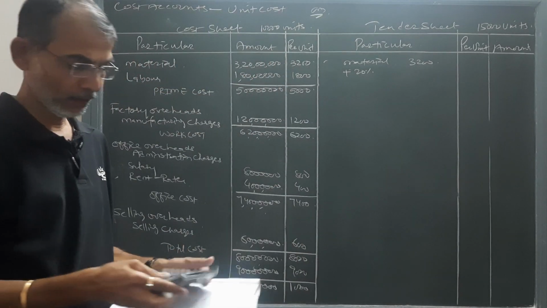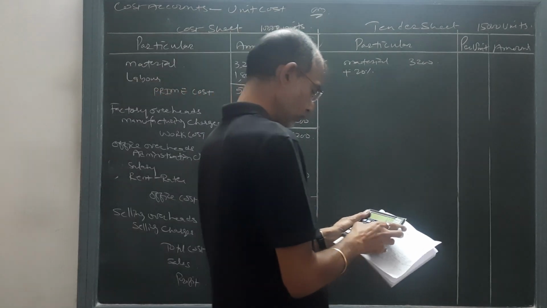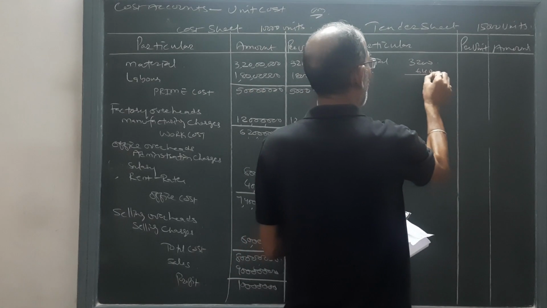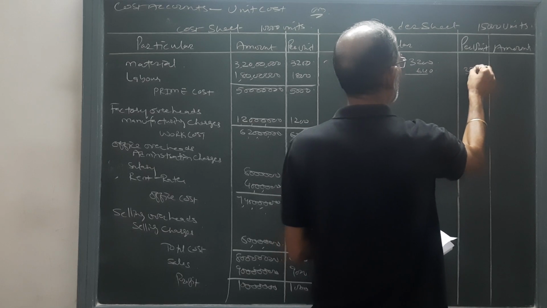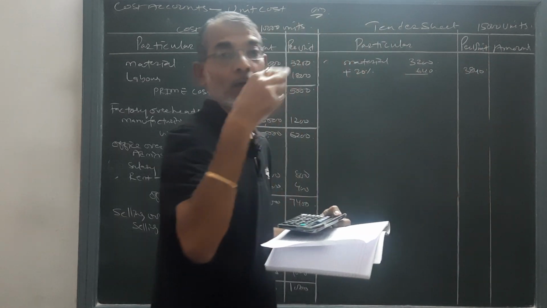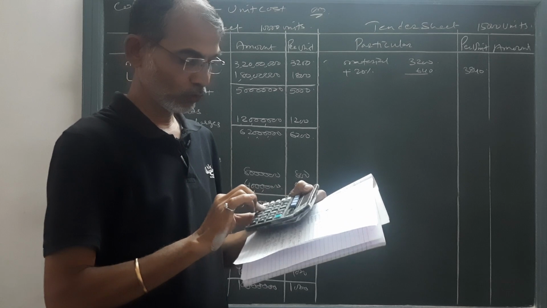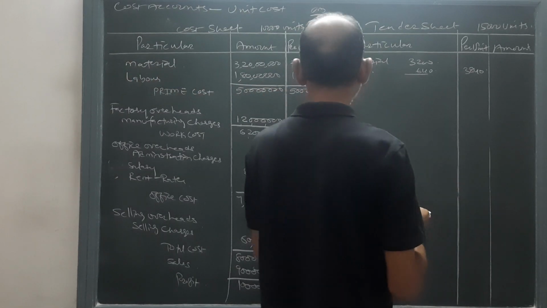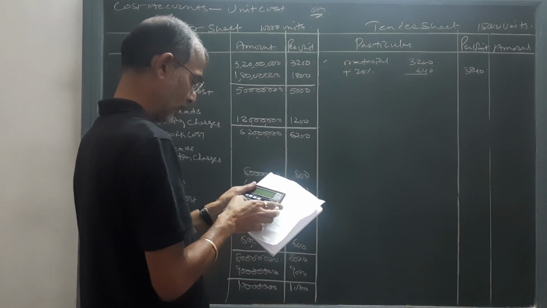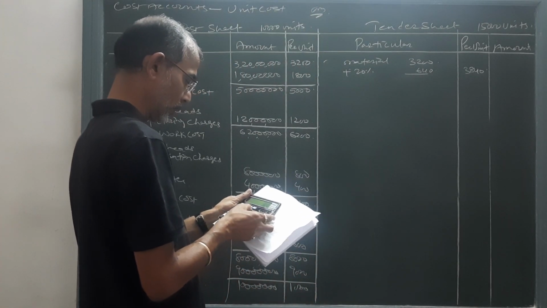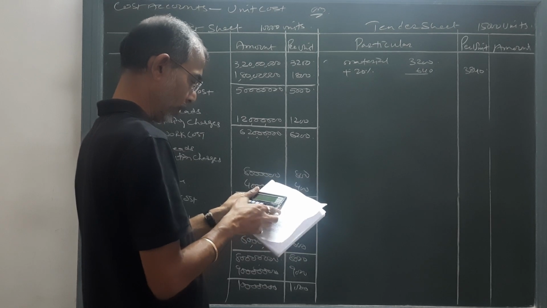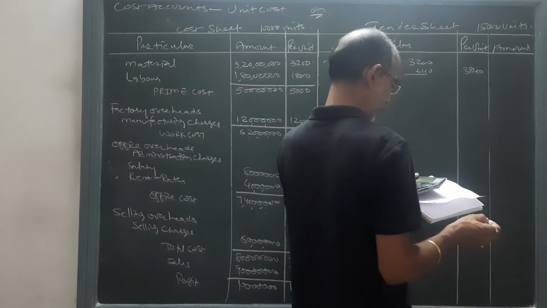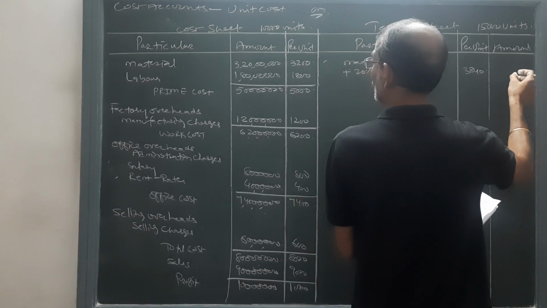So if we increase 20%, that will be 640, and per unit will be 3,840 multiplied by 15,000. That is 5 crore 76 lakh.